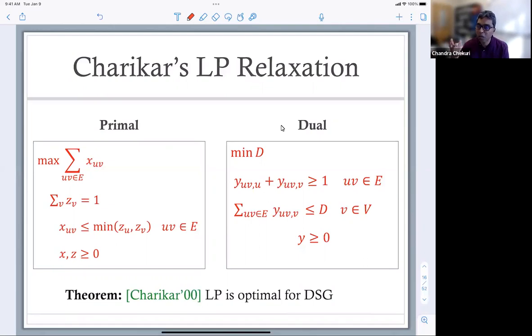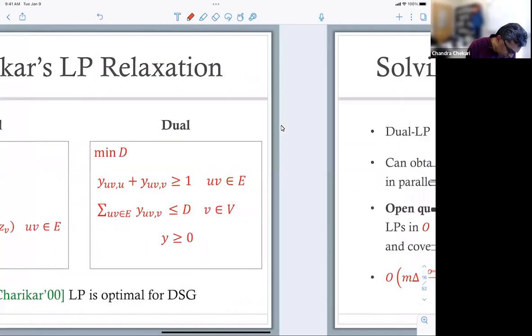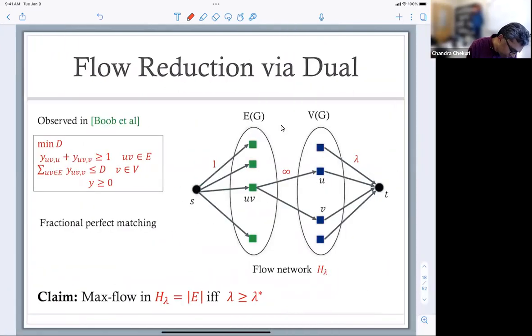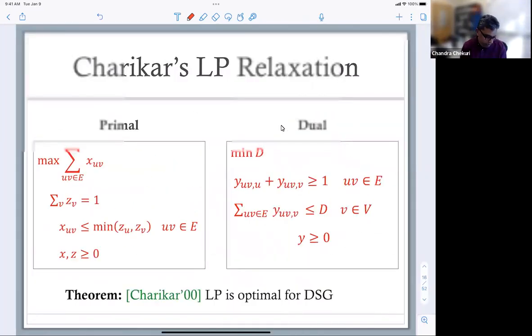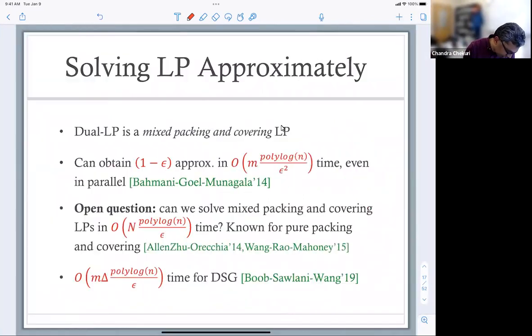So it has an objective D. D, think of as some fixed constant for now. It's a variable. Maybe it's easier once I tell you the picture of how to think of the dual as a flow problem, but I'll come back to that.